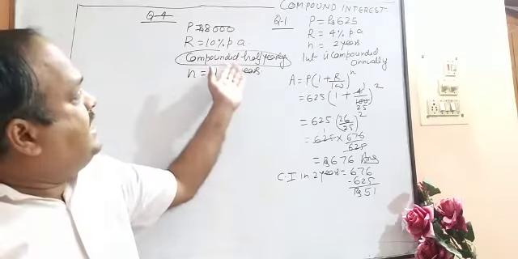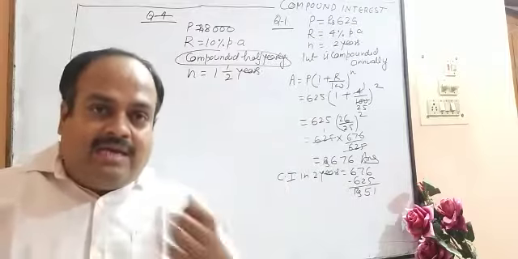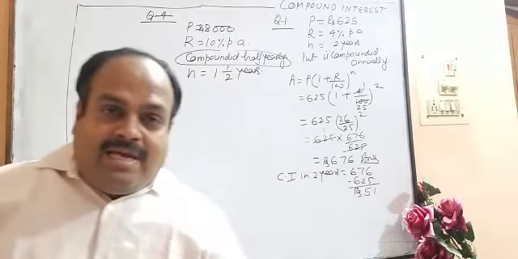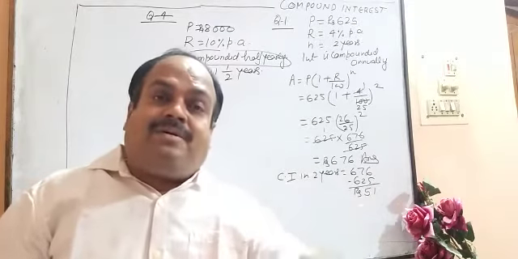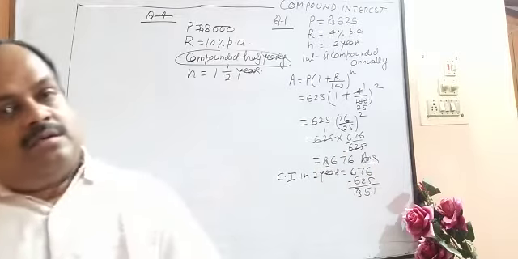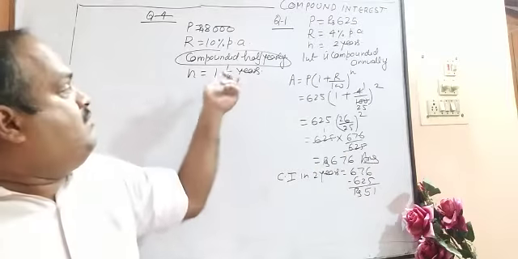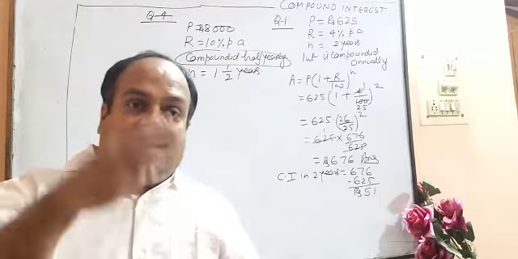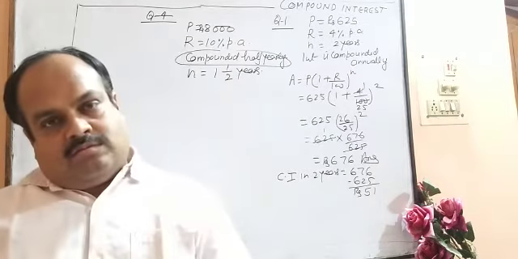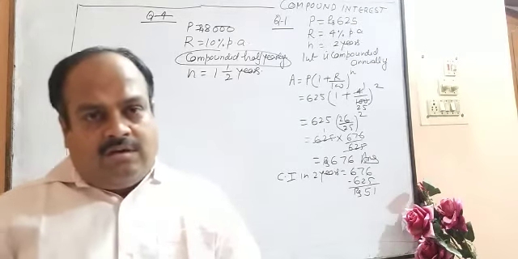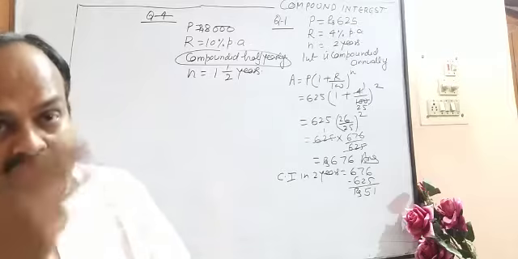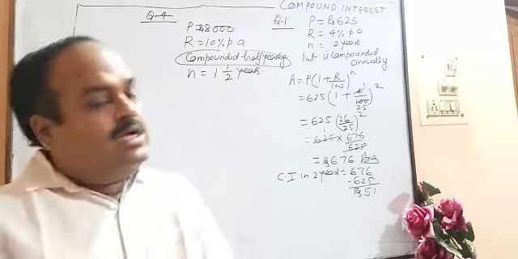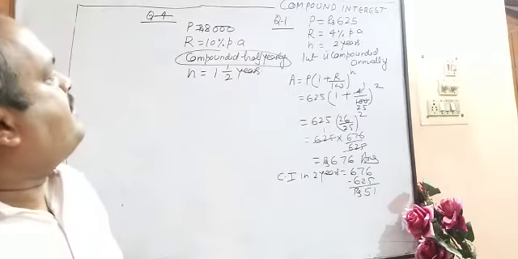Since the interest is compounded half yearly, meaning semi-annually, the interest is compounded after every 6 months. I think you know that in 1 whole 1 by 2 years there will be three 6-month periods. So 3 times the interest will be calculated. Let us use the proper formula.